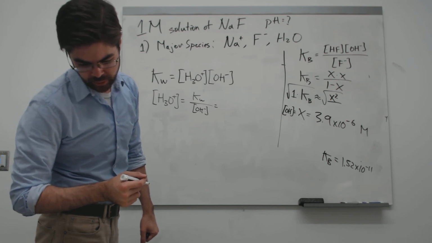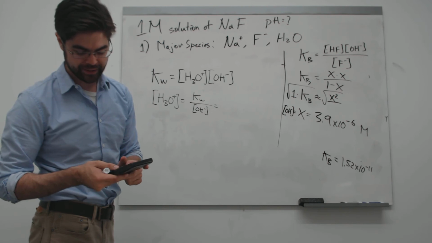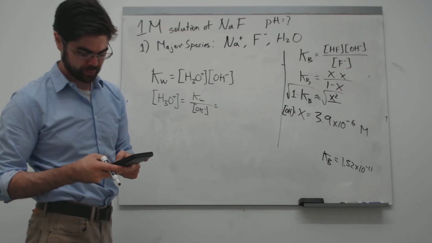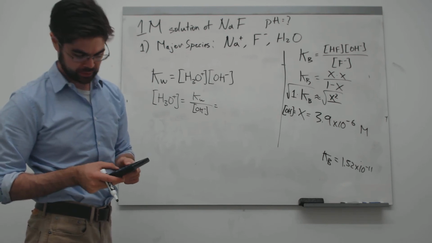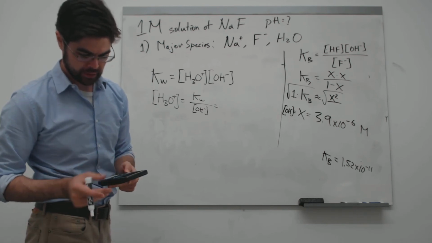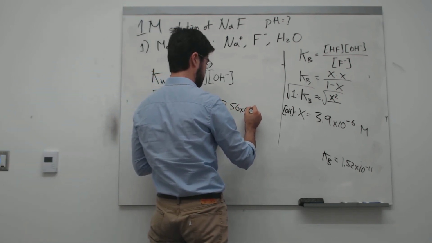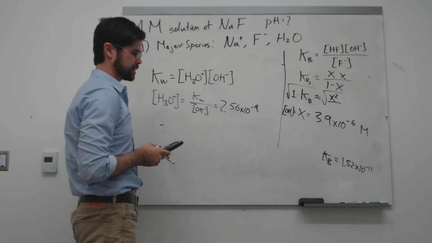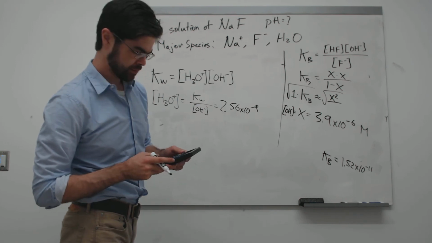That ends up being, oh goodness, I just plugged that directly into the calculator and I didn't write it down. So let me calculate that. That ends up being 10 to the negative 14 divided by 3.9 times 10 to the negative 6. So that ends up being 2.56 times 10 to the negative 9. Wait a minute, that doesn't make any sense.